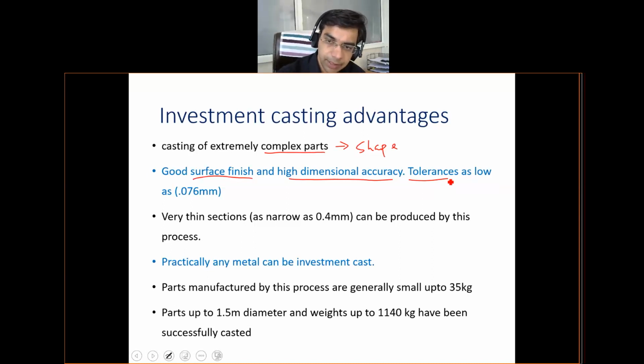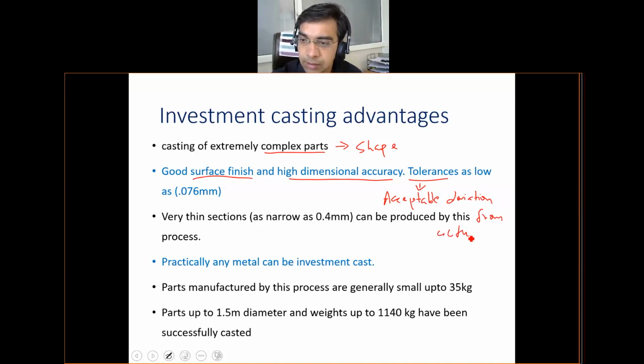So acceptable tolerance is the acceptable deviation from the actual size. So why are these tolerances provided?